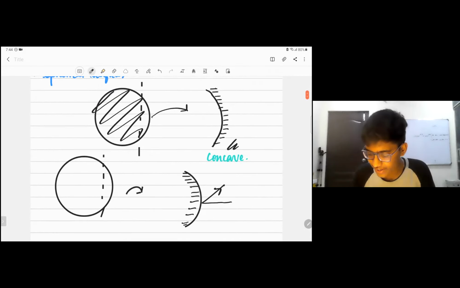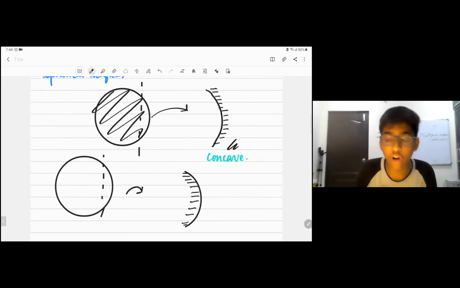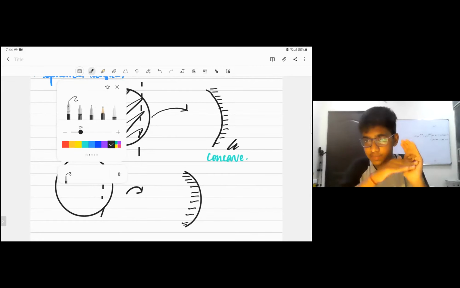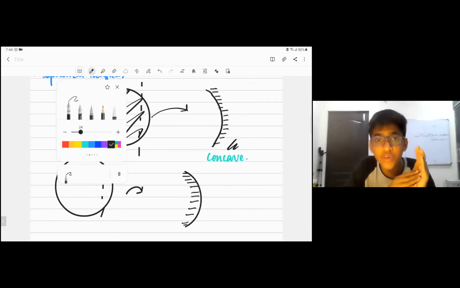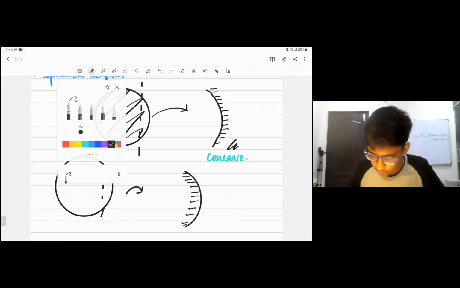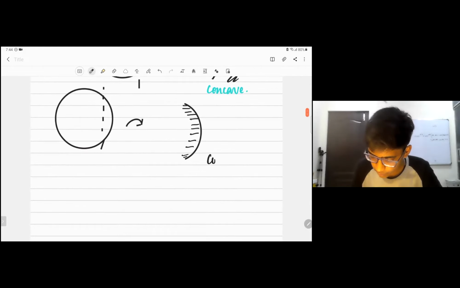Now, these are two different types of spherical mirrors. This is called concave. Why is it concave? When I cut this piece, inside there is a cave-like structure. So that's why we call it concave. This cave-like structure is going to reflect. This is called convex.